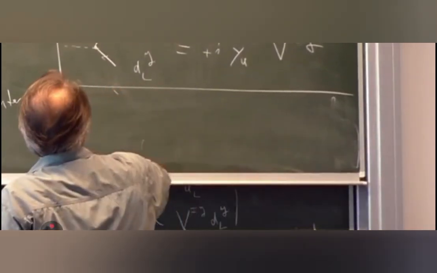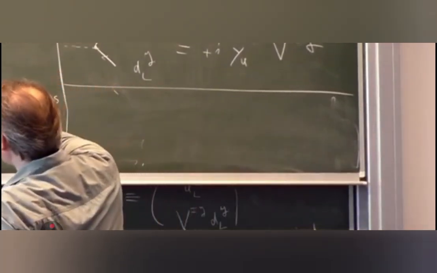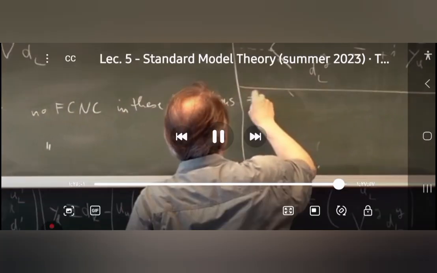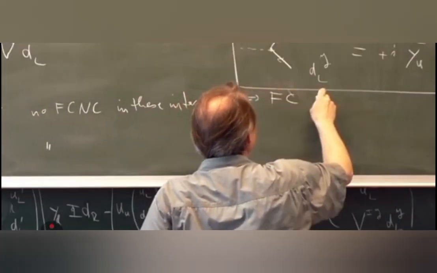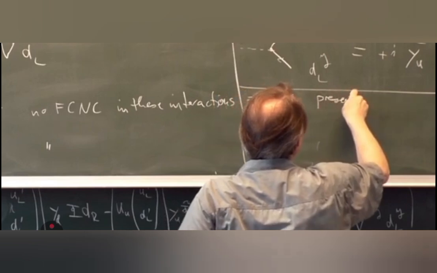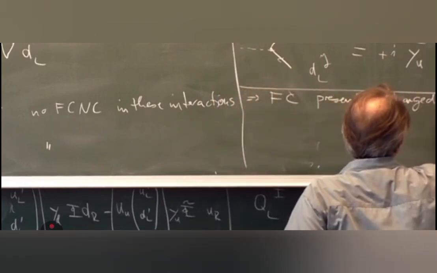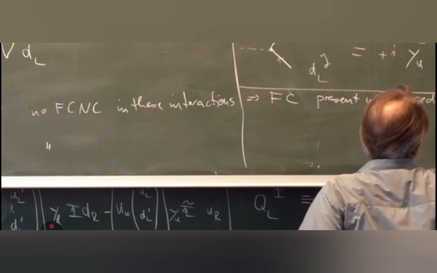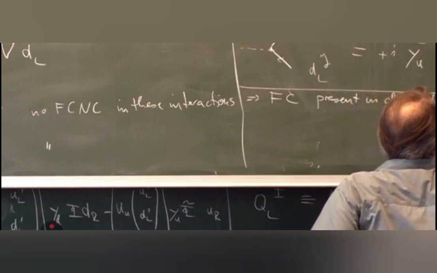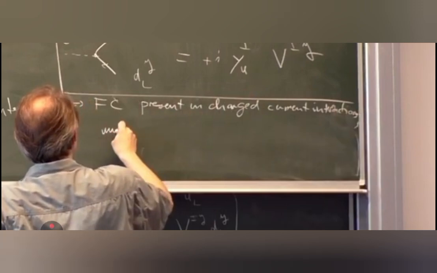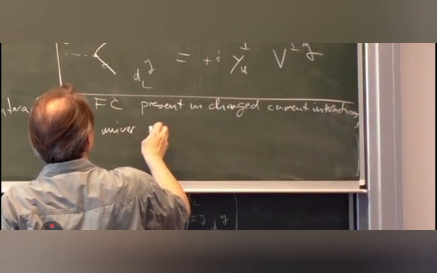So we see that on the one hand there is no flavor changing neutral current, but there is flavor changing present in charged current interactions. And this is universally proportional to one and the same CKM matrix.